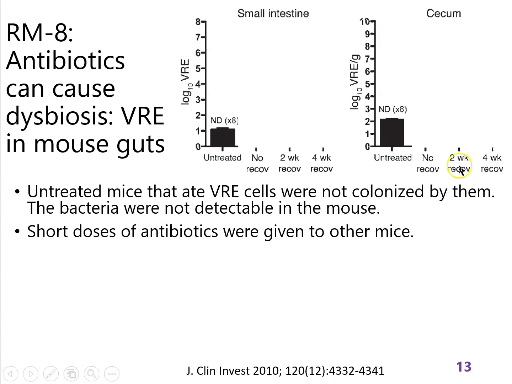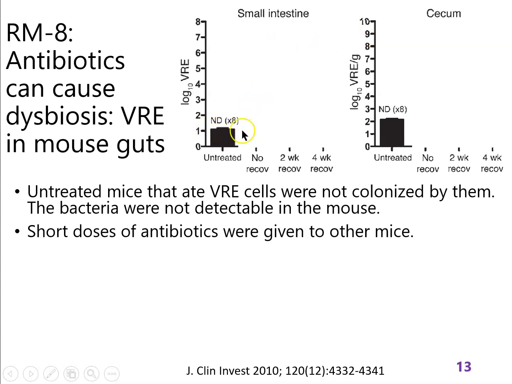So what they did was, first, they took some untreated regular mice and fed them vancomycin-resistant Enterococcus. And then they measured how much took up residence in the gut. Did they grow? Were they detectable? And so in both the small intestine and the cecum, and the cecum is sort of like the large intestine of a mouse, they don't have the same gut we have, this ND means not detected.